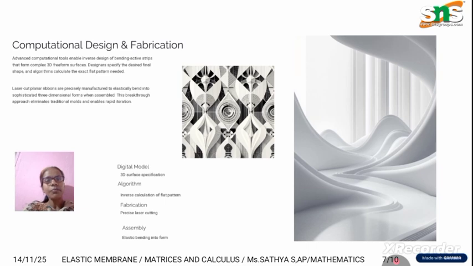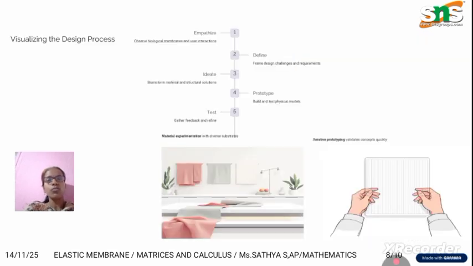The four steps are digital model, algorithm, fabrication, and assembly. The digital model uses 3D surface specification. The algorithm uses inverse calculation of the pattern. In fabrication we use precise laser cutting. And in assembly, finally, we have the elastic bending into the form.